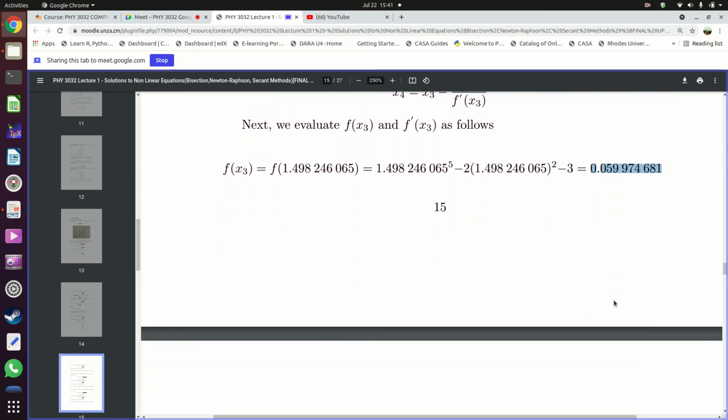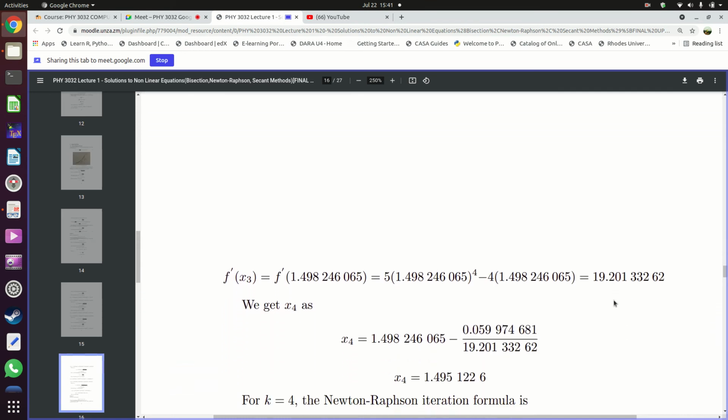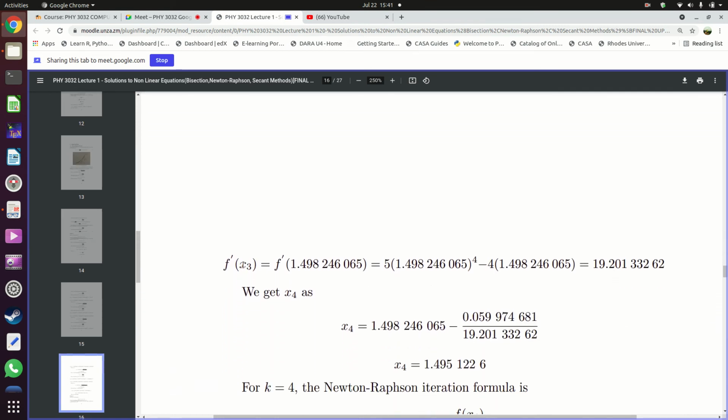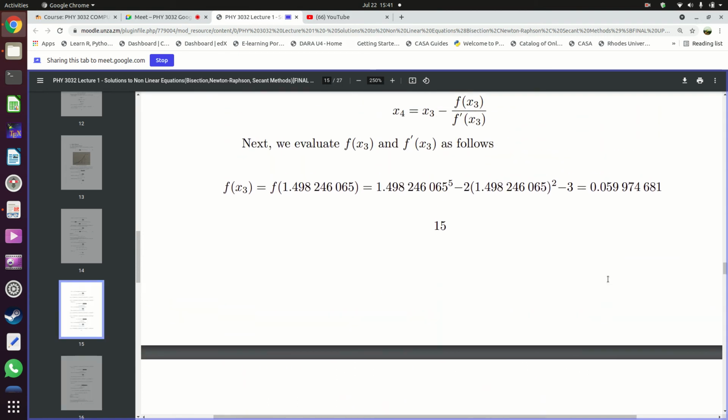Then you also work out the value of the derivative at x3. That's going to be 5 times 1.498246065 to the power 4 minus 4 times 1.498246065, and you end up with 19.20133268.